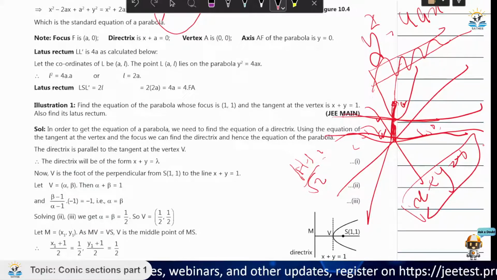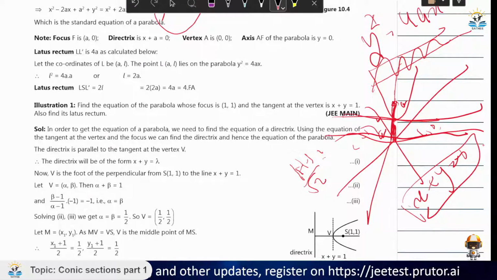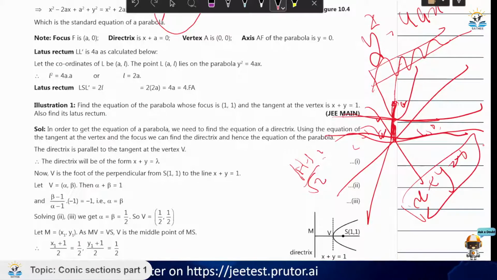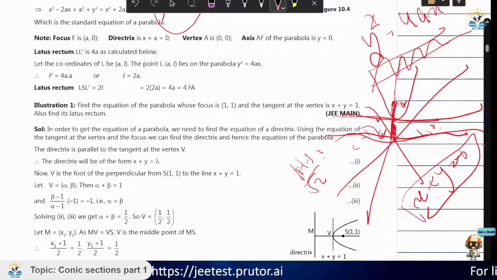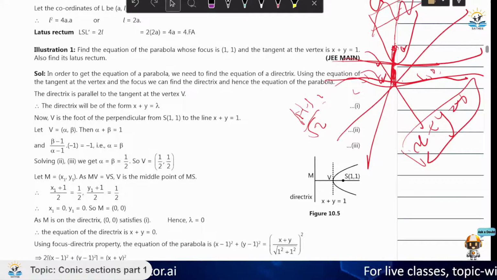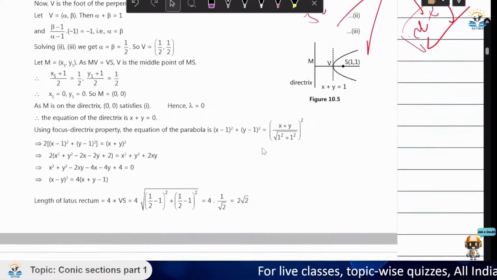It is as simple as that, right? Yes, we get that. So we have the directrix for the focus. We can easily calculate the parabola now. Should we move on? Yes.